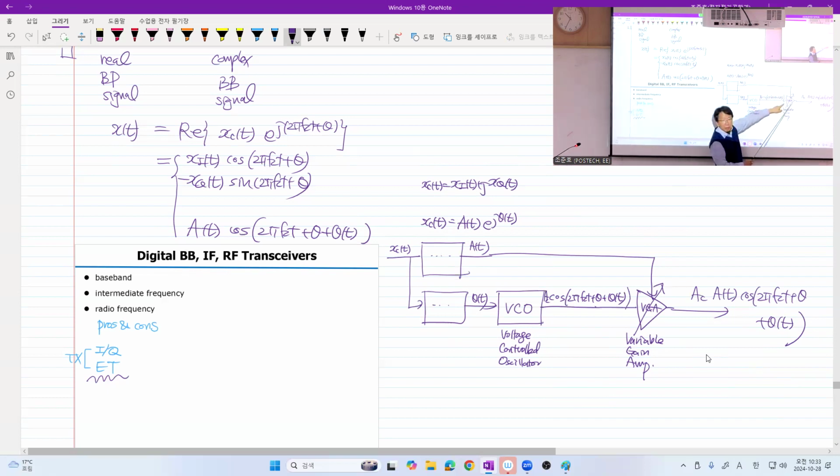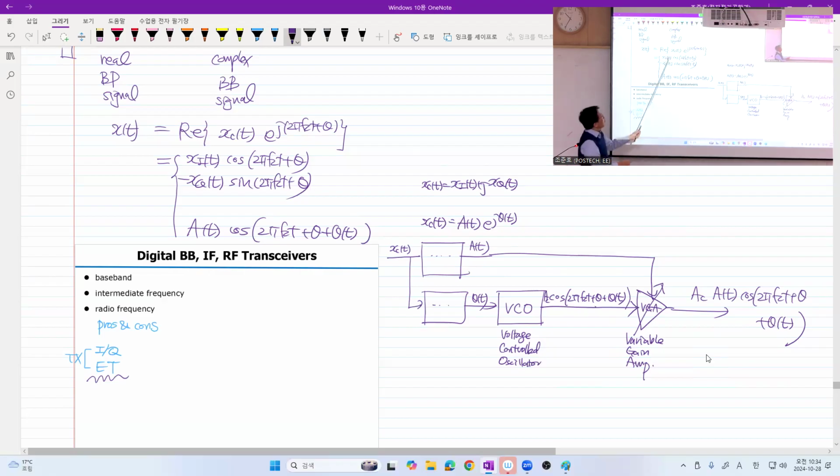Now you have an amplifier, and if this amplifier has a fixed gain, then this signal will be boosted. However, here, you may build a variable gain amplifier whose gain is proportional to the power of this one. So actually, you may have to square it, but anyway. Suppose this variable gain amplifier can do this mathematical operation. Then you have generated some signal like this, or proportional to that, right?